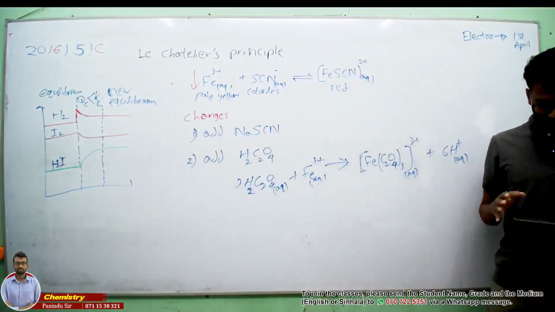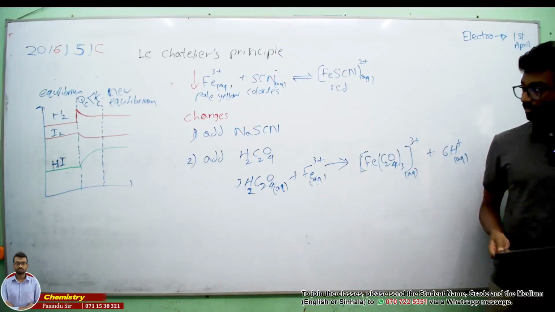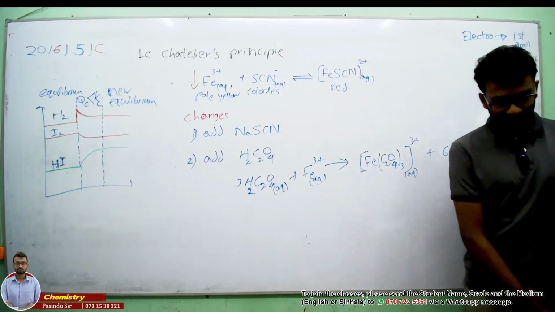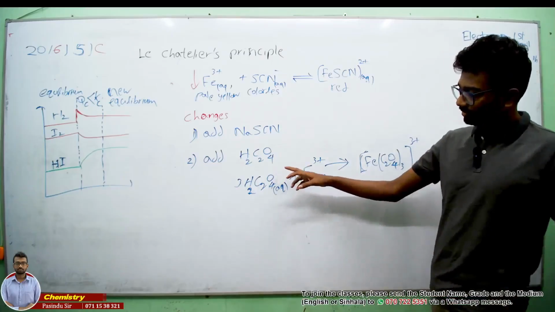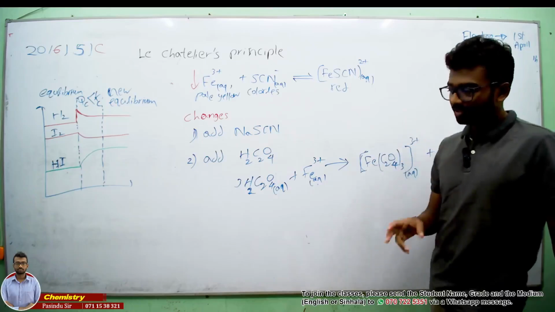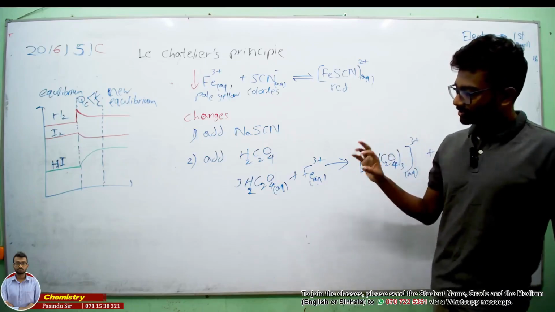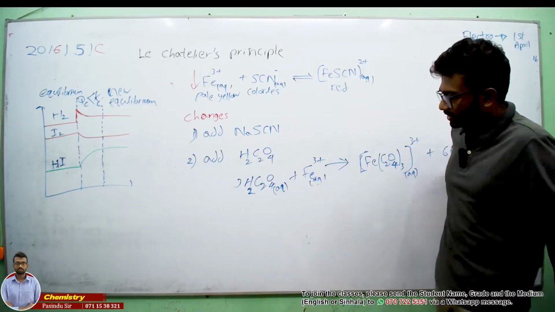Right. Then, what's the answer? You should include these things. No need for these exact words, get the idea. First thing you have to explain is what happened to this system when you add H2C2O4, oxalate.